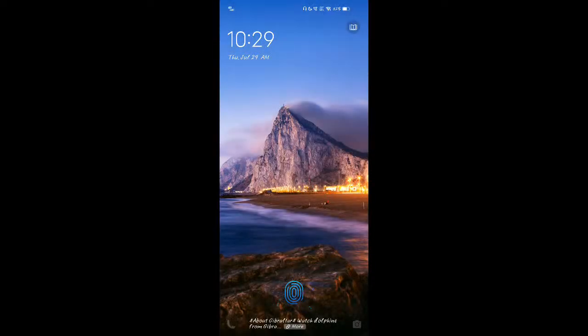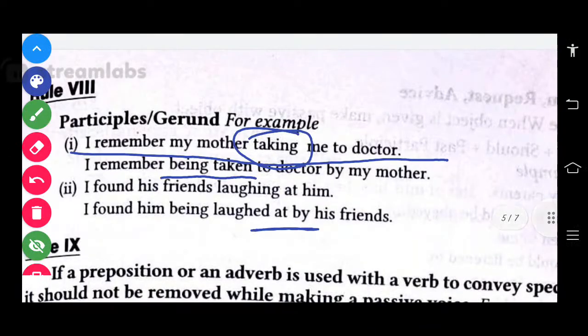I'll try to give you one more example, so try to do it. Try to answer this sentence. See that.